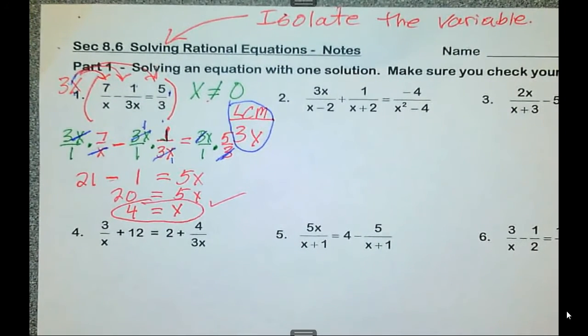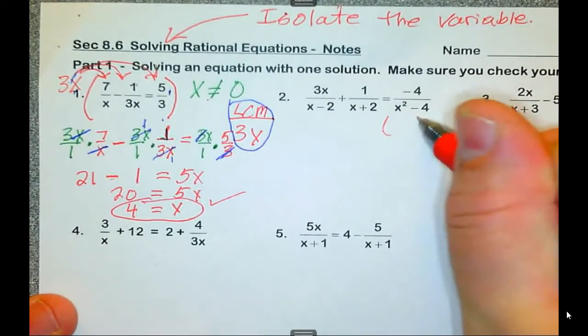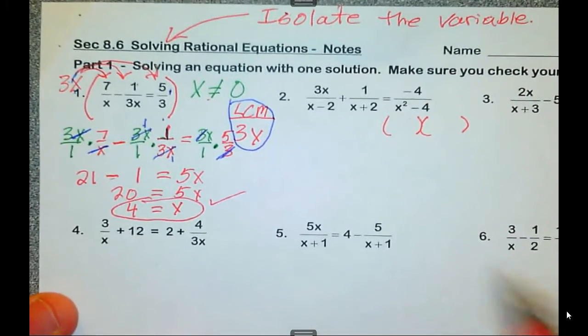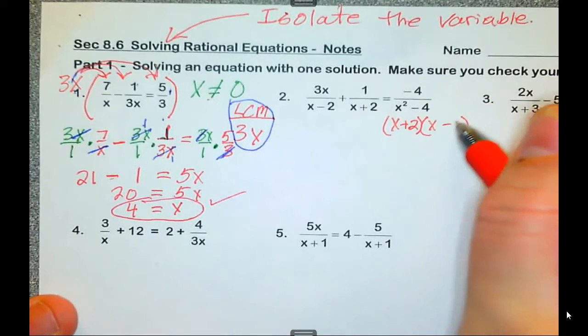What do we always have to do before we start these rational expressions? Factor, right? I know, we don't like factoring. Number 2, I have to factor x squared minus 4, which is a difference of squares. So it's x plus 2, x minus 2.